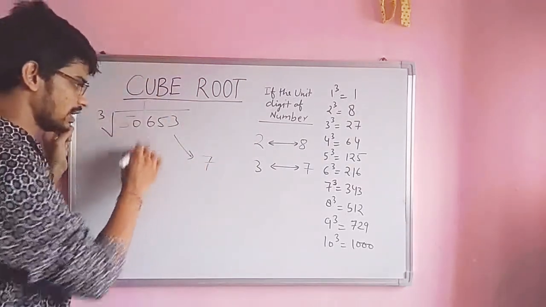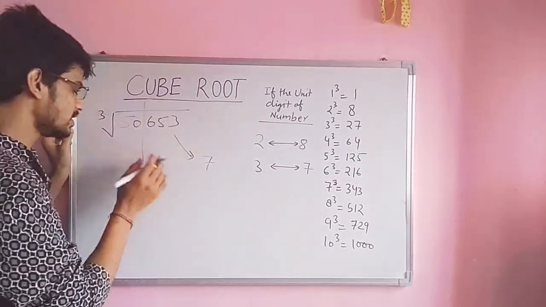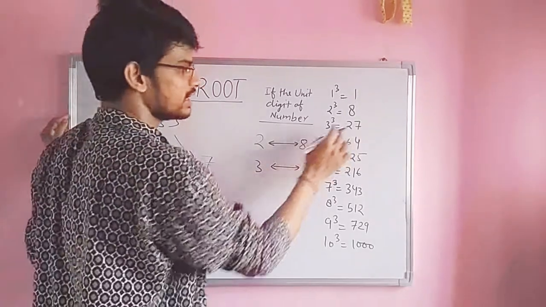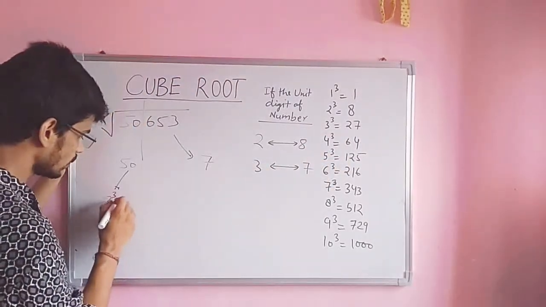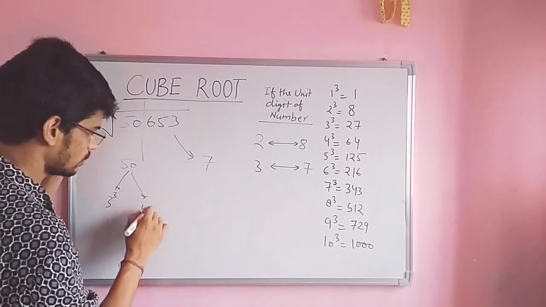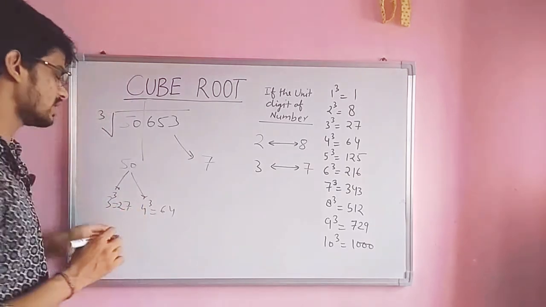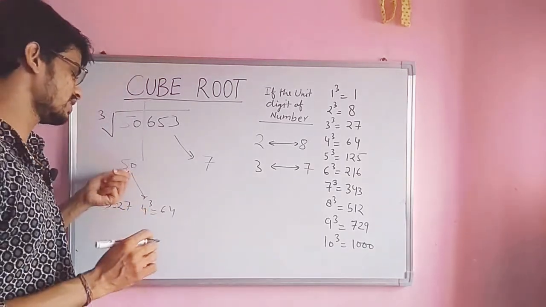Clear? Leave the last 3 digits. 50 is remaining. Now 50 comes under which category? 3's cube and 4's cube. 4's cube is 64. 3's cube is 27. 27 is lesser than 50, and 64 is greater than 50.